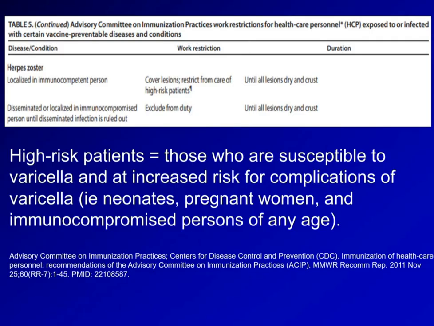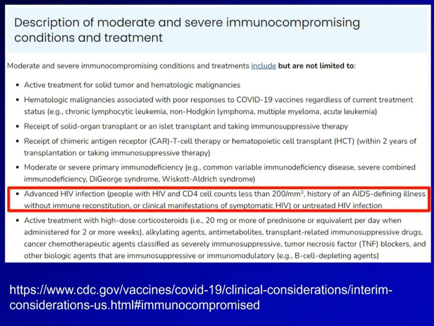Believe it or not, the guidelines steer you to the COVID-19 vaccine and disease precautions in terms of who you consider immunocompromised there. It's like this circular logic that brings you all the way back around. What I found, everything on the federal government websites now, when they're defining what moderate and severe immunocompromising conditions are, steers back to the COVID-19 website.